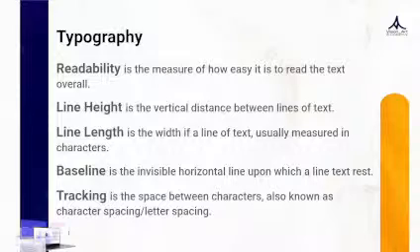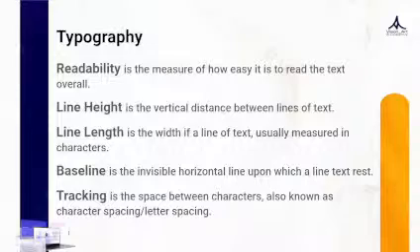Then we have line height. Line height is the vertical distance between lines of text. Line length is the width of a line of text, usually measured in characters. We also have baseline, the invisible horizontal line upon which a line of text rests.